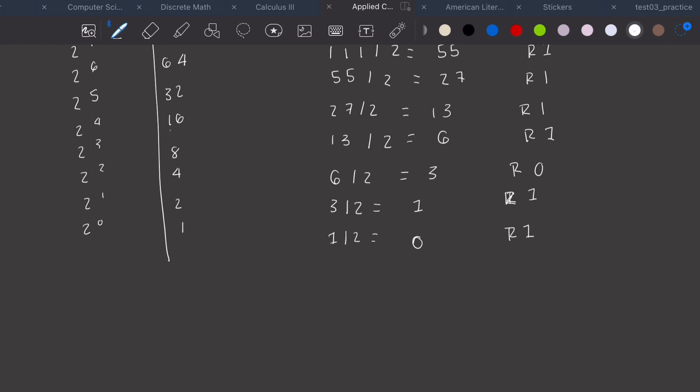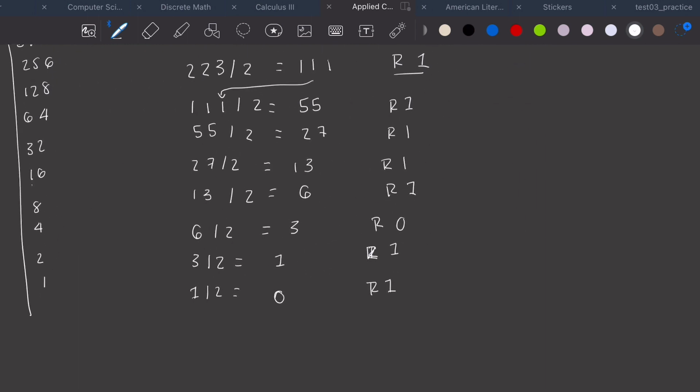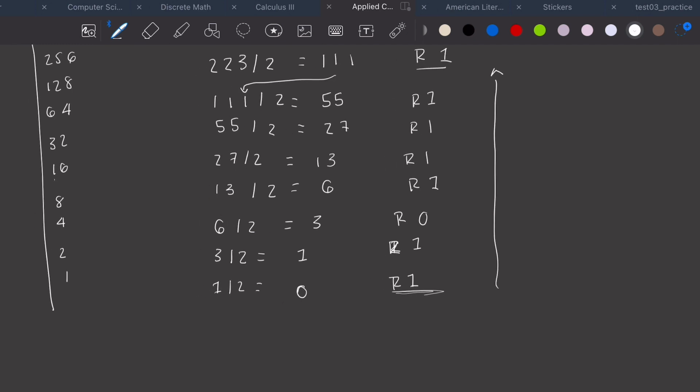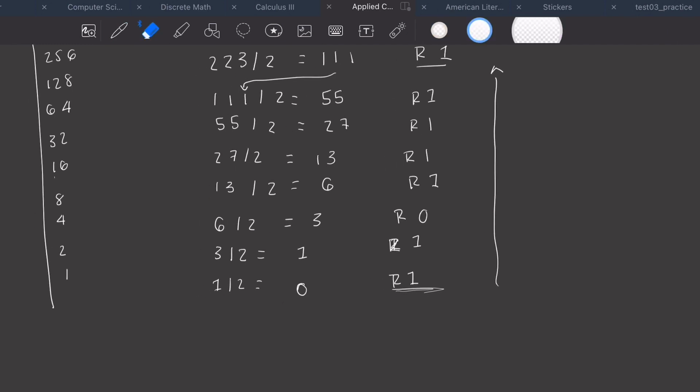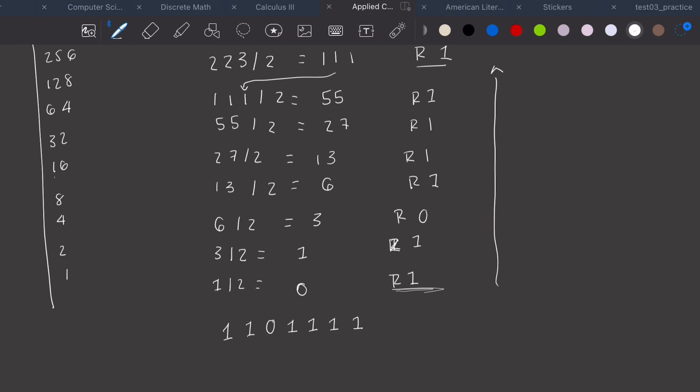So in order to do the proper conversion to binary, you have to move up the table. First I'm going to list the number that's here at the bottom, and I will be moving up the table this way. So the first remainder that I have is 1, 1, then 0, then 1, 1, 1, 1, and 1 again.